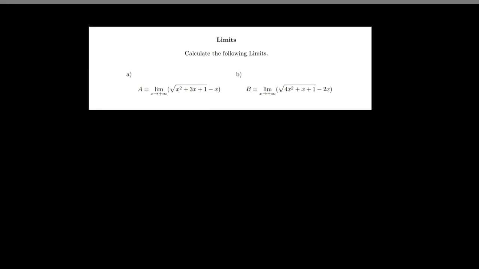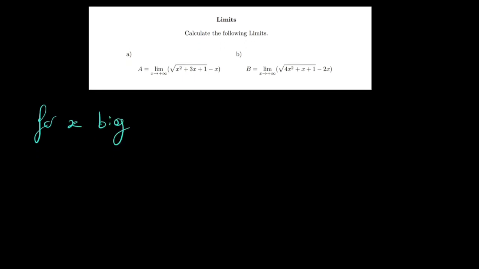Perfect. Now let's go to the second one. Same method. We see that the forms look a lot alike. So for x big, let's do the same kind of thing.